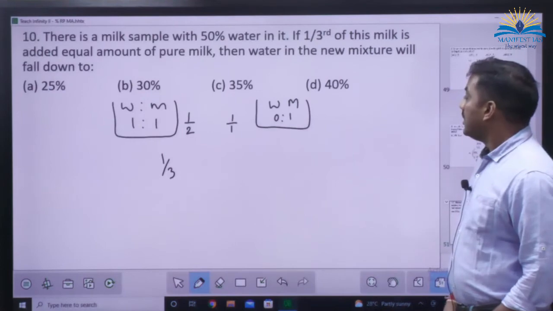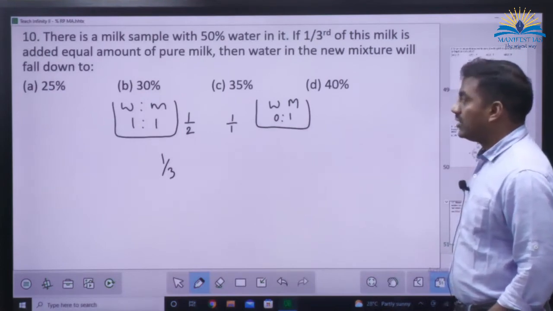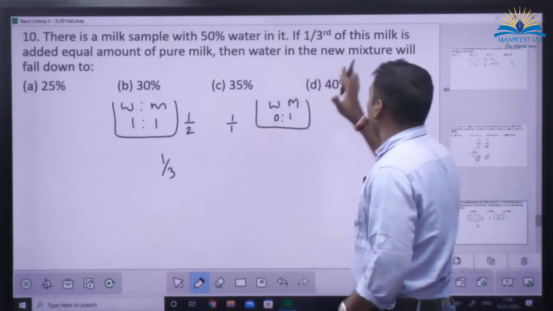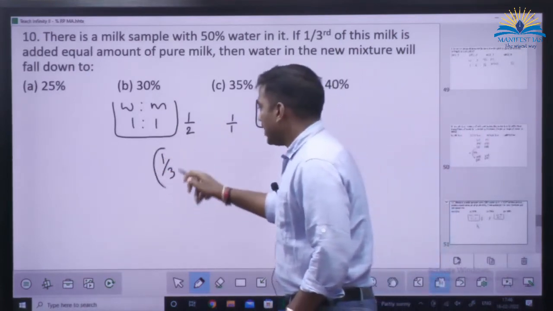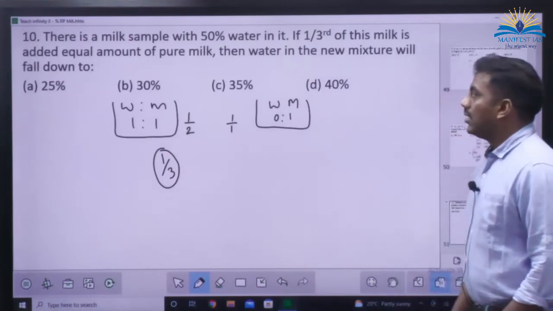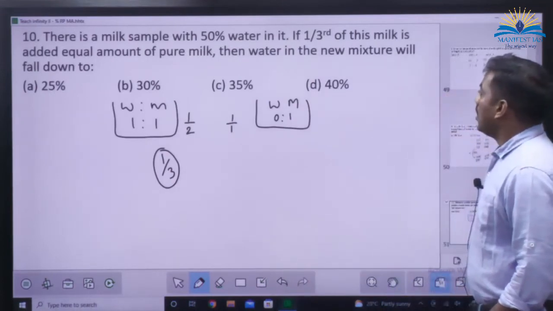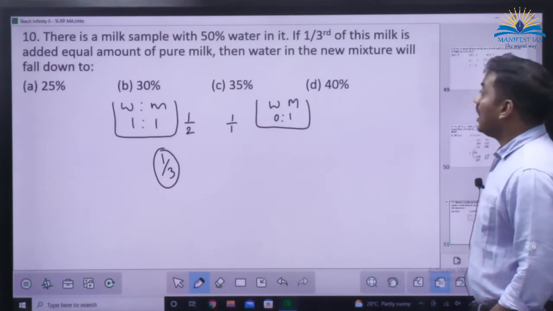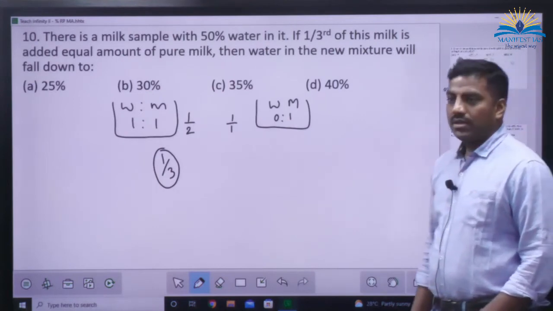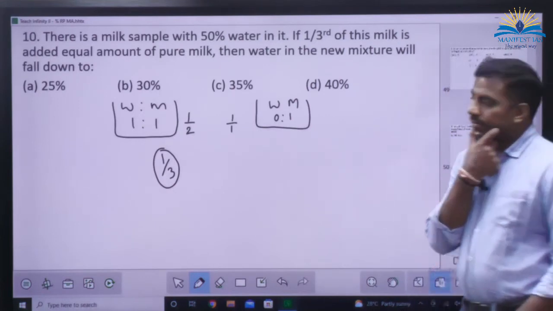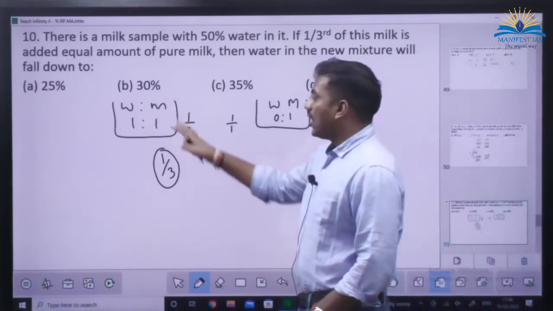Now, then water in the new mixture is how much? There is a milk sample, 50-50. We are taking 1/3 of this milk and adding an equal amount of pure milk. How much pure milk are we adding? 1/3 or this much?